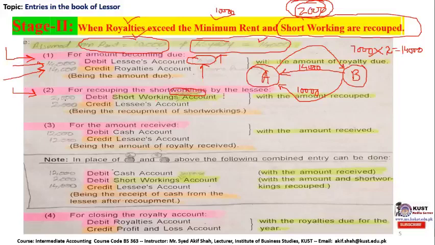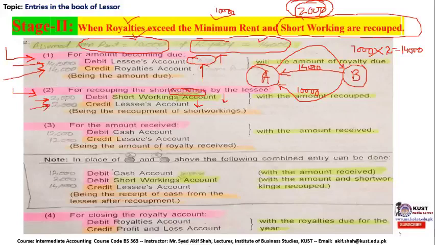So this liability of the landlord has decreased. When there is a decrease in liability, it is recorded as a debit entry. Similarly, the lessee's account, which is accounts receivable by the landlord, is an asset account, and when there is a decrease in an asset, it is recorded as a credit. So the same has been done with 2,000.